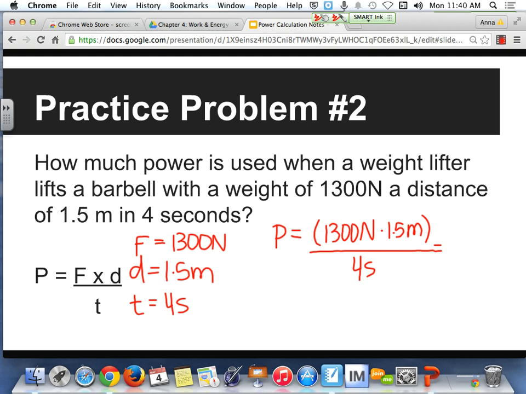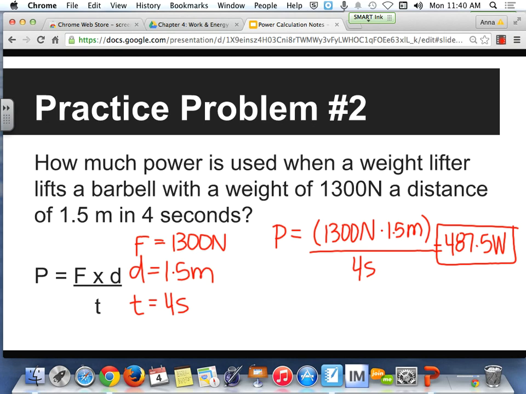And when we divide that by 4, we get 487.5. And again, newtons, meters, and seconds don't cancel each other off. So we've got to memorize that power, our new unit, is in watts. This is going to be the hardest those problems will get.